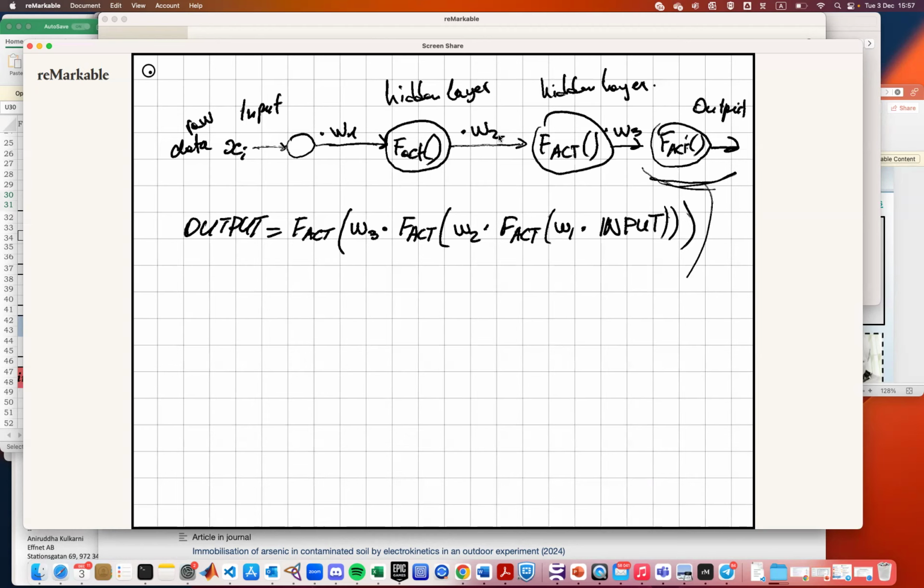So you want to normalize your output so that you can compare it with your output encodings. As an example, there are different variations.